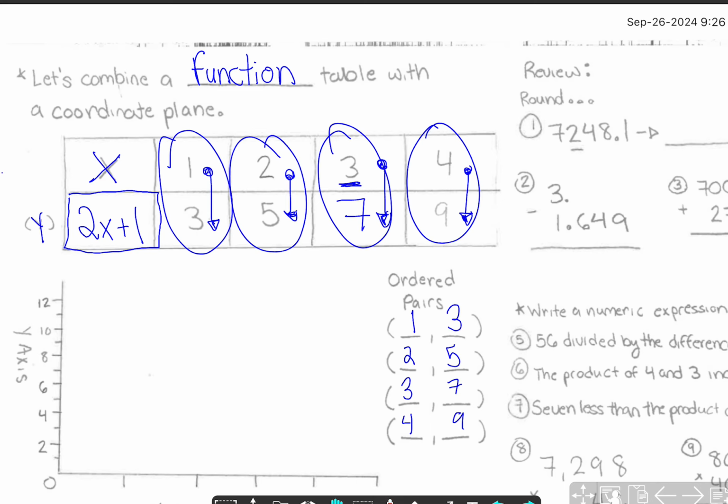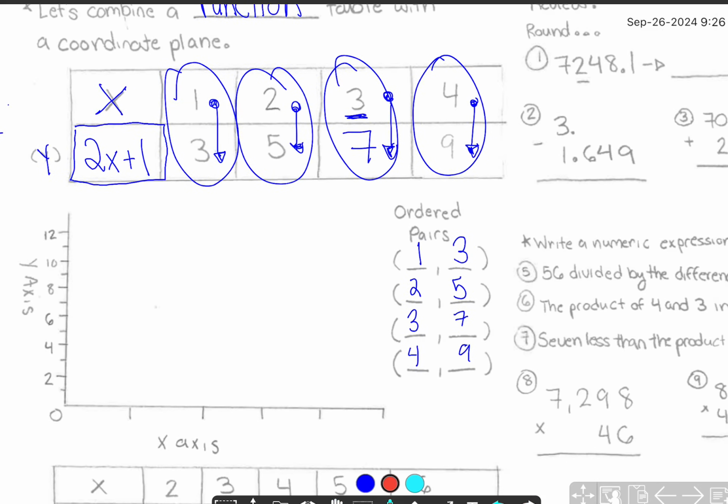Now, I did purposefully leave the x-axis blank down here at the bottom, because if there are no numbers there, you can just assume that each line is worth 1. So 1, 2, 3, 4, 5. It ends up kind of being like a number line.